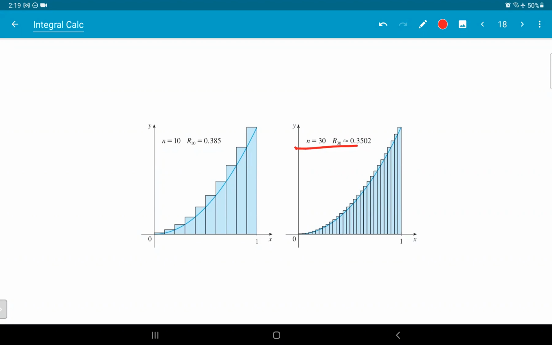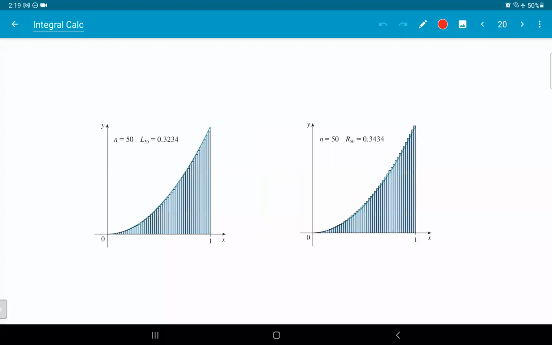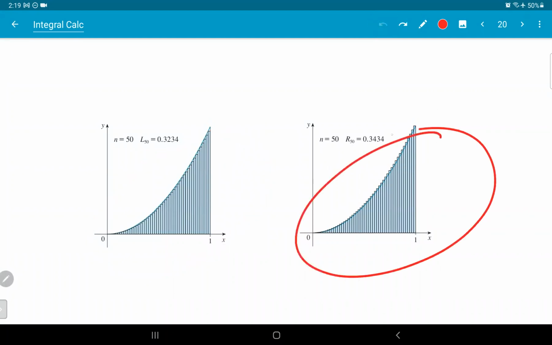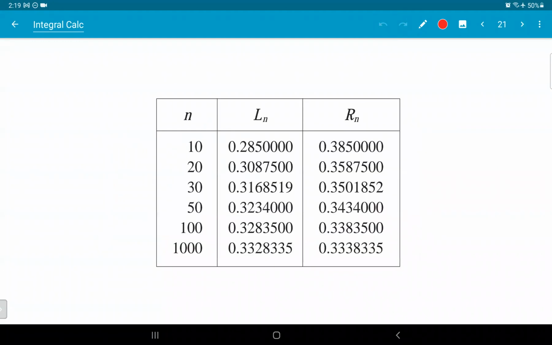So let me just show you more. That's for 30, but for 50, see, the underestimate, which is this one, and the overestimate are much, much better. That's for 50 alone. And let me just show you a table of values up to 1,000. So here, n represents the number of rectangles used. Here's for left endpoints, and here's for right endpoints. And you see that the approximations are getting better and better each time.